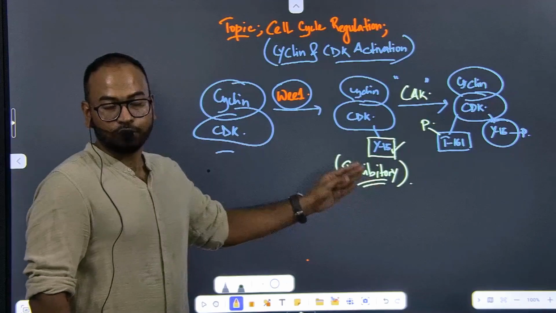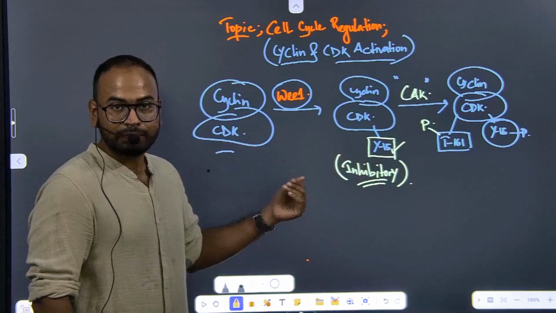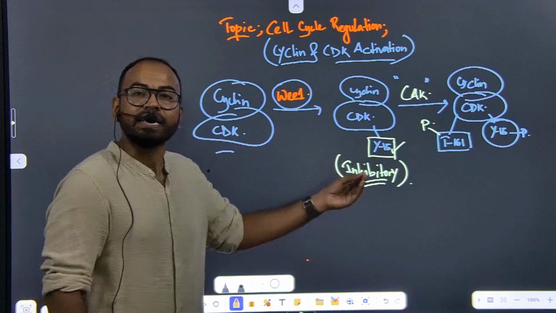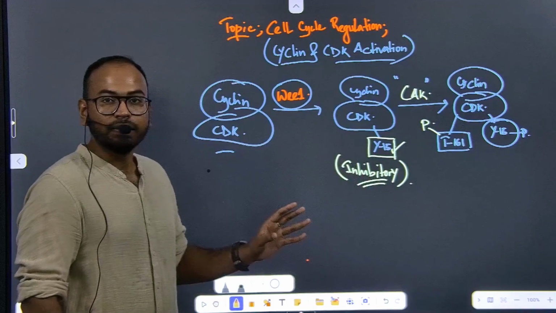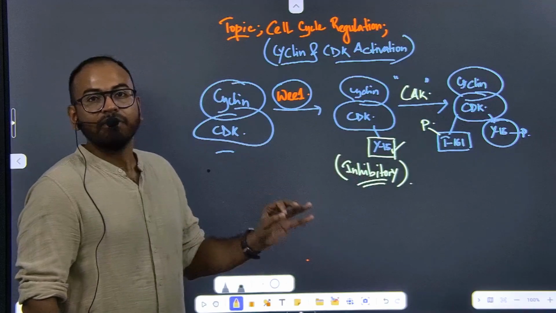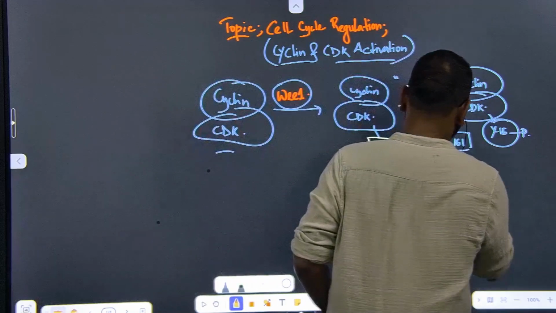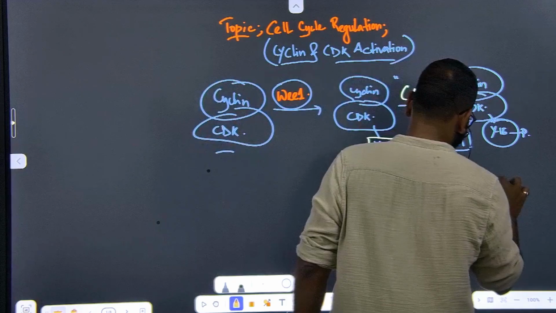Threonine 161 phosphorylation is activating the CDK cyclin complex, but phosphorylation at tyrosine 15 is inhibiting it. So we have to remove it. For the removal, there comes the activity of a phosphatase, which is CDC25.